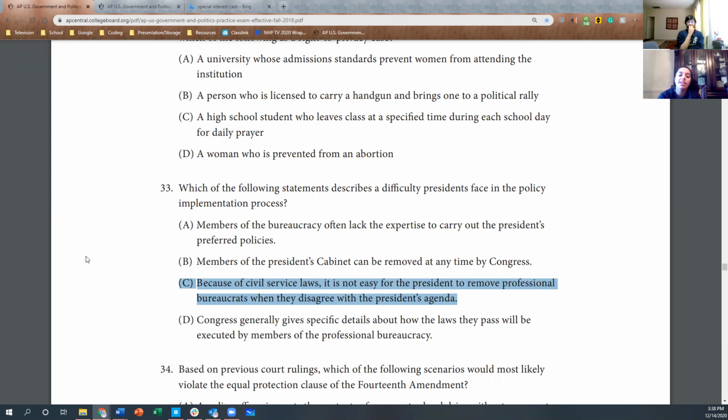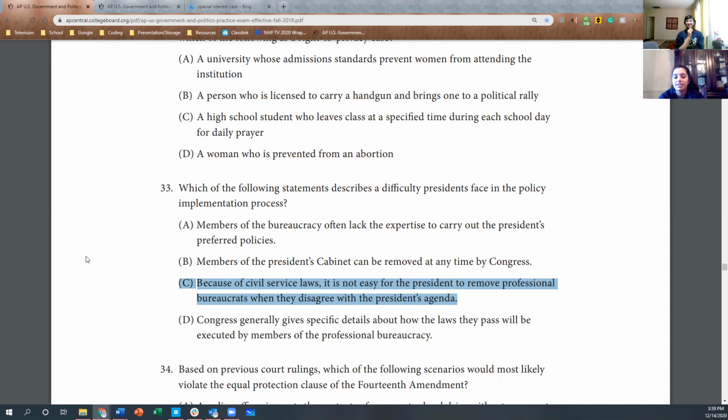Wait, so can the members of the cabinet be removed by Congress? Why is B wrong? Because they can't. When can they? I don't think they can.